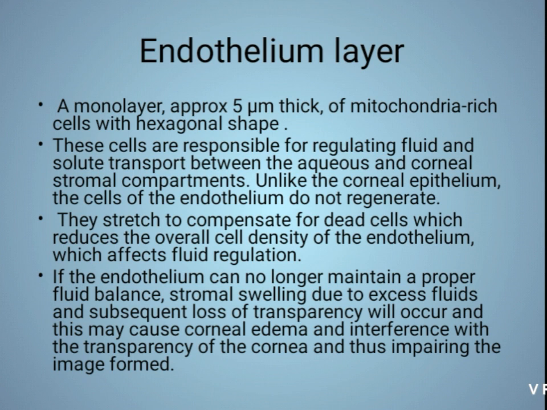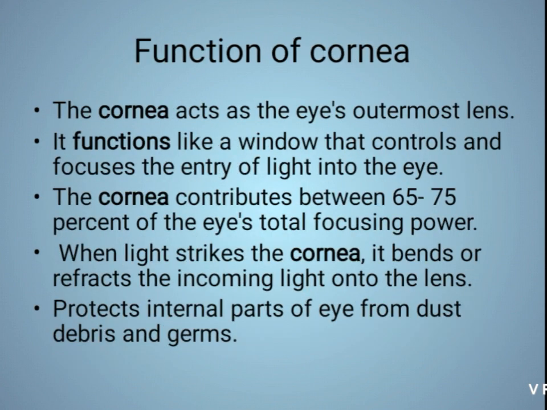If the endothelium is damaged or its cell density decreases below 500 cells per square millimeter, then it causes stromal swelling and it also loses the transparency of the cornea. It also gives rise to corneal edema, and it mainly affects the corneal transparency.